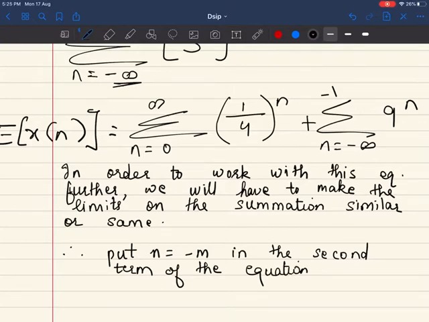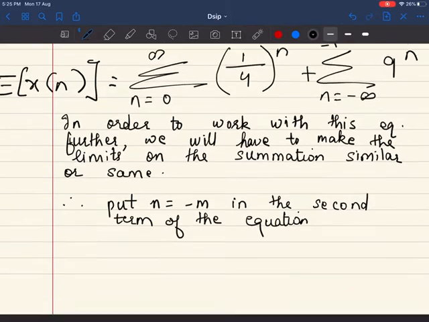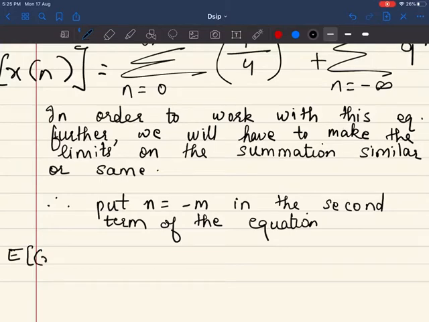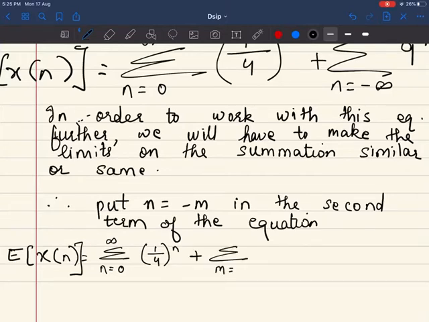So what I have here is E of x of n is equal to the summation of n is equal to 0 to infinity (1 by 4) raised to n, plus the summation of m is equal to 1 to infinity 9 raised to minus m.